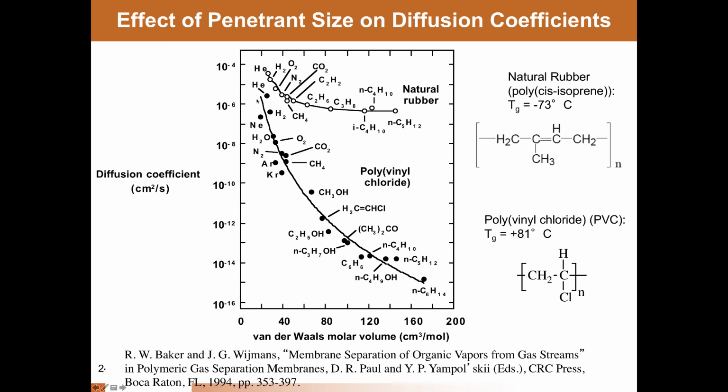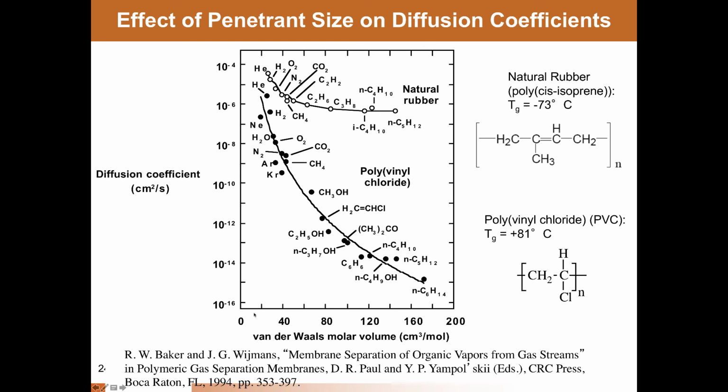And here you can see that diffusion coefficients vary over many orders of magnitude, almost 10 orders of magnitude, 9 orders of magnitude. So a factor of a billion decrease in diffusion coefficients as you go from helium up to hexane. And so you can imagine that if you were trying to separate some of these penetrants based on size, that a material like polyvinyl chloride would be much more effective at that as a separation membrane, for example, than would natural rubber.